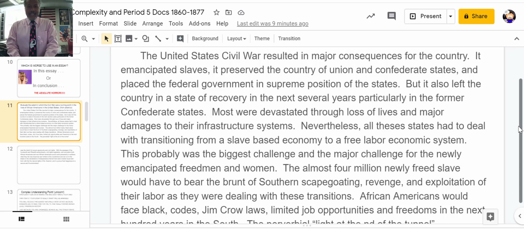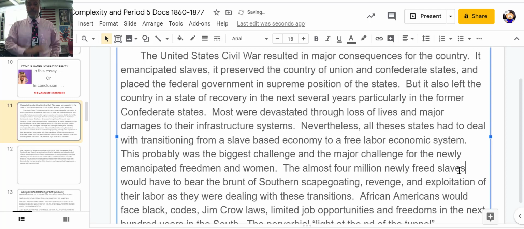Nevertheless, all these states had to deal with transforming from a slave-based economy to a free labor economic system. This was the biggest challenge for the newly emancipated freedmen and women. The almost 4 million newly freed slaves, I should put on here. By the way, you notice that I still have some specific factual information that I'm using here.